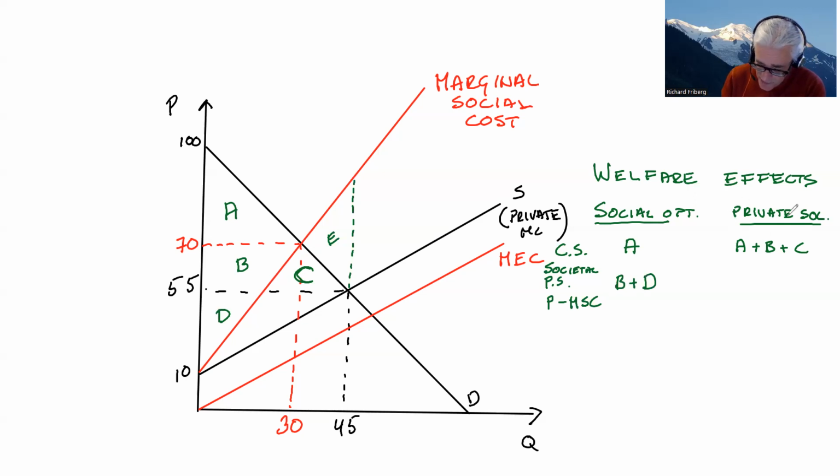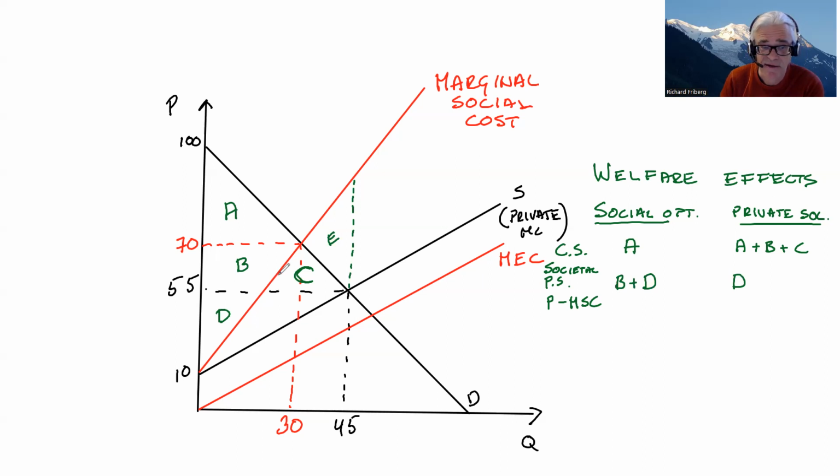What's the difference in the private solution? Well, we're then looking at the difference between the price and the marginal social cost. Here we have areas that are coming in positively. Price is higher than marginal social cost with the area D. That is true up until this point. What's happening here? Well, now we're producing units that are costing society. How much? It's costing as given by the marginal social cost, whereas the price is here.